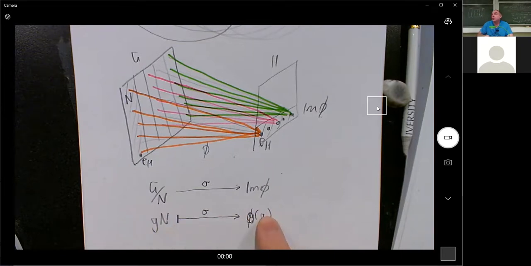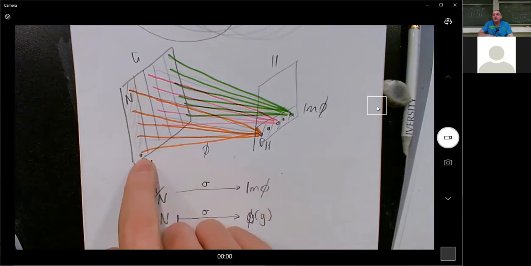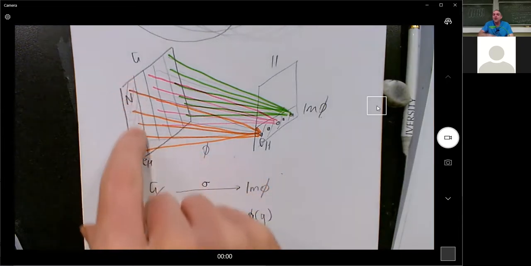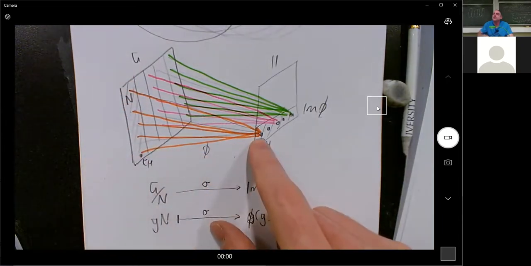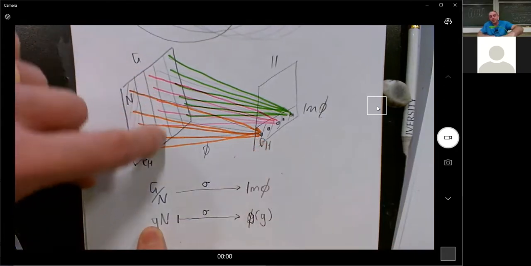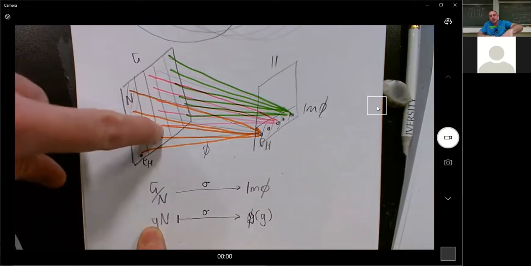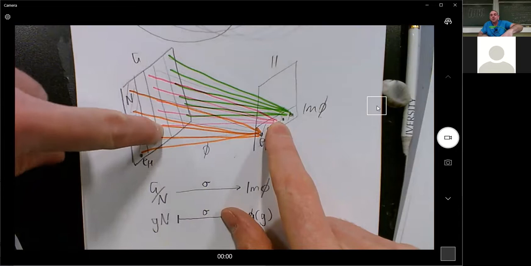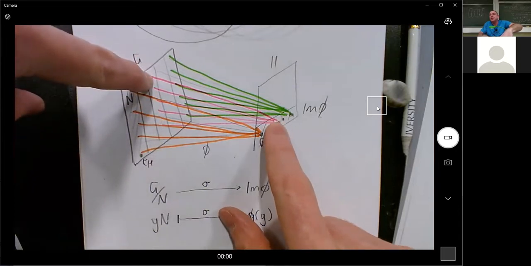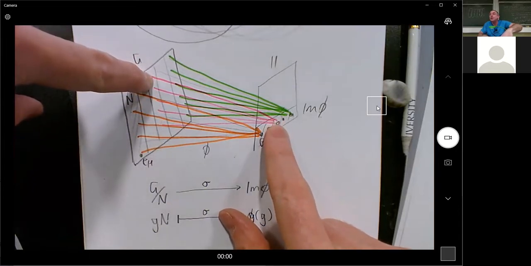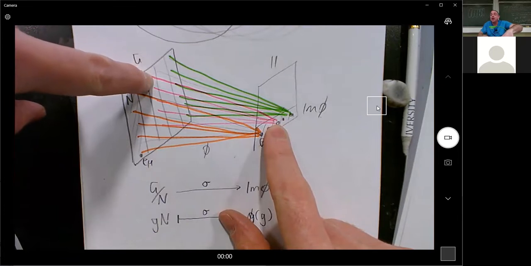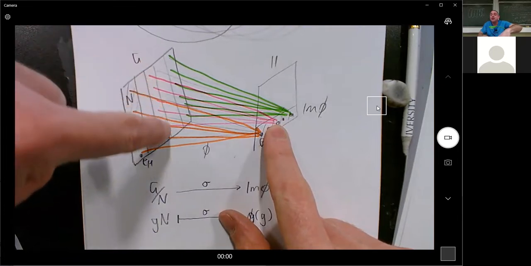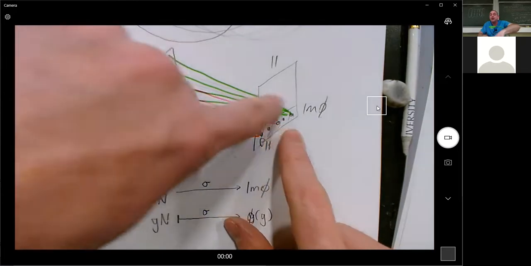And the answer is no, it wouldn't, because for the entire coset, phi of all of those elements is the same thing. So I choose this coset here, this pink one. Maybe I choose this g and I get that answer for sigma. But if I chose this g, I'd also get that same answer for sigma, because every element of G in that coset, when I do phi, they all produce the same answer.